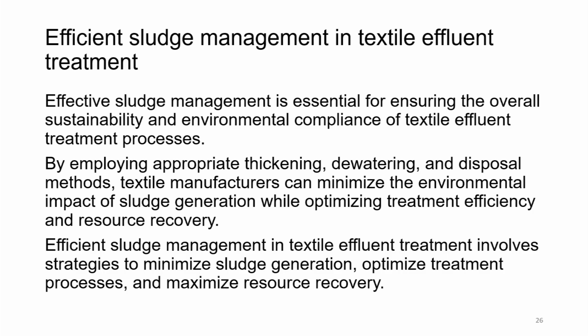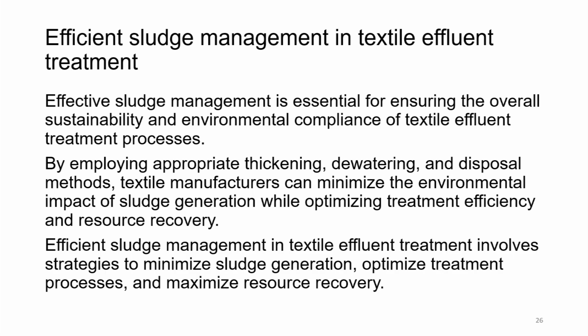By employing appropriate thickening, dewatering, and disposal method, textile manufacturers can minimize the environmental impact of sludge generation while optimizing treatment efficiency and resource recovery. Efficient sludge management in textile effluent treatment involves strategies to minimize sludge generation, optimize treatment processes, and maximize resource recovery.